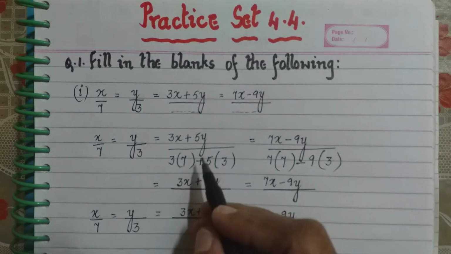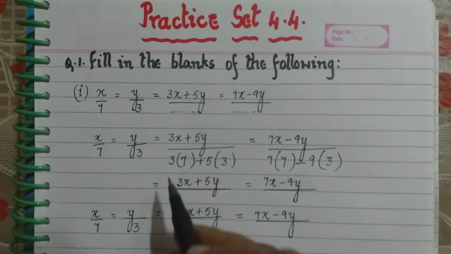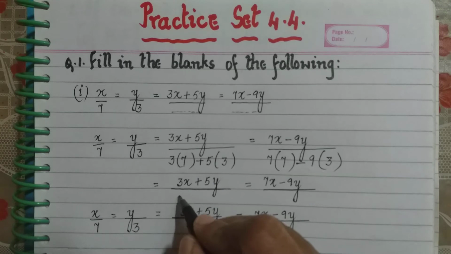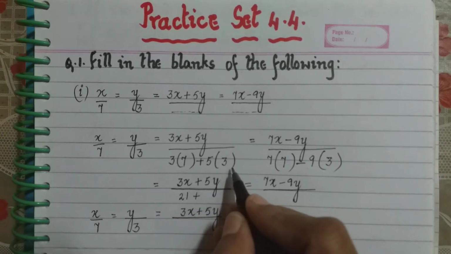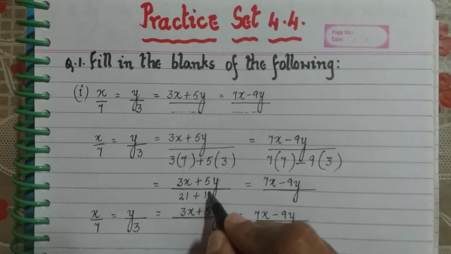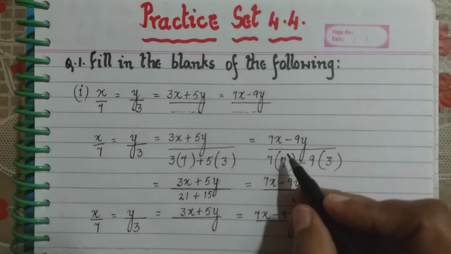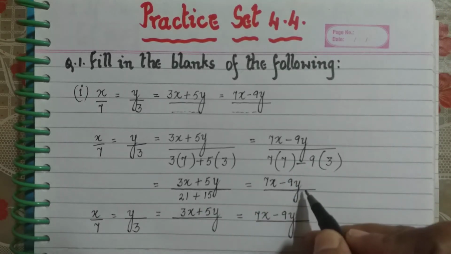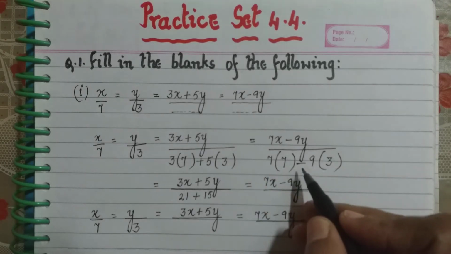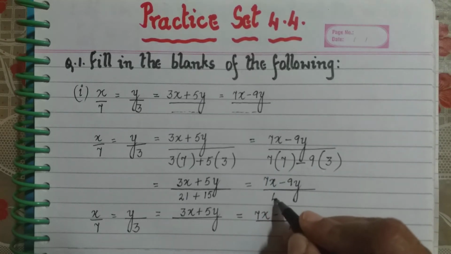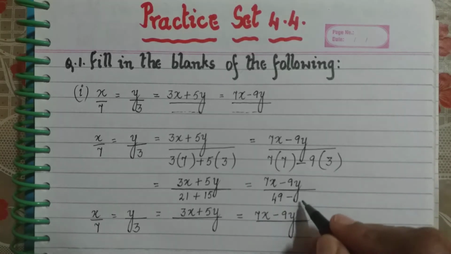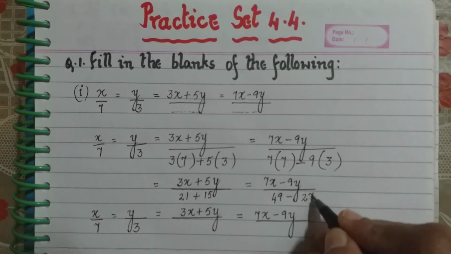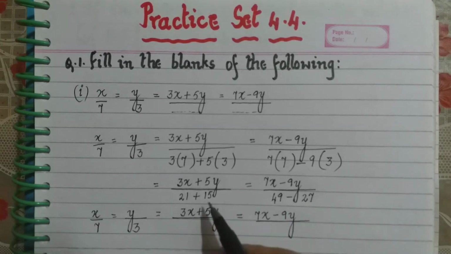So we have 3x plus 5y written as it is. 3 into 7 is 21 plus 5 into 3 is 15. Here 7x minus 9y is written as it is. 7 into 7 is 49 minus 9 into 3 is 27.